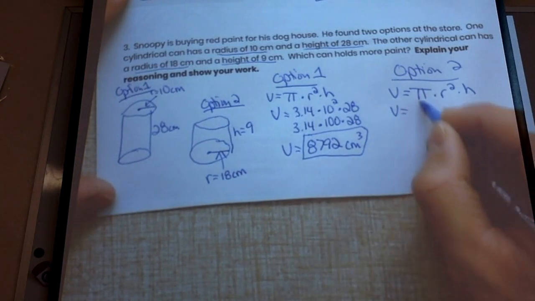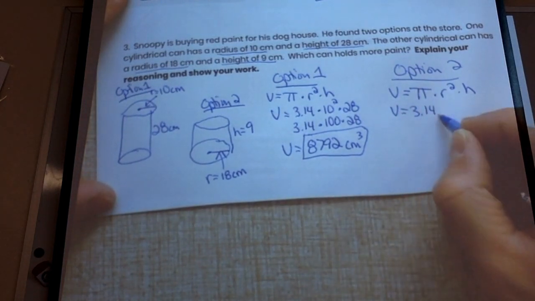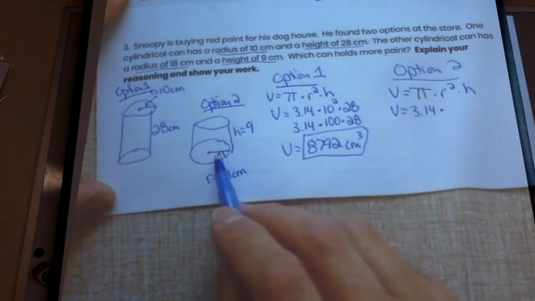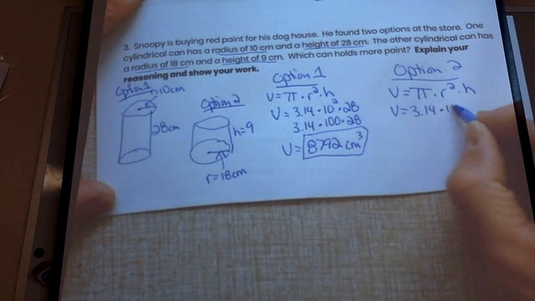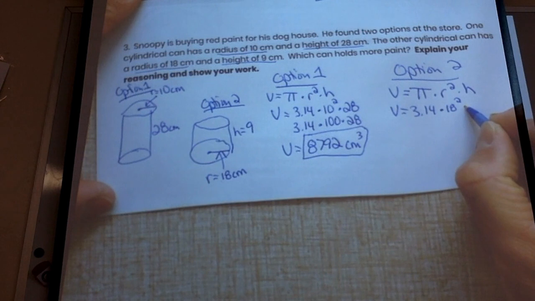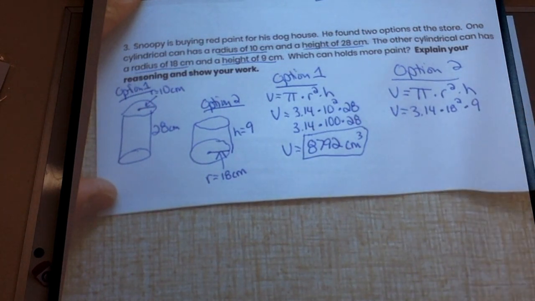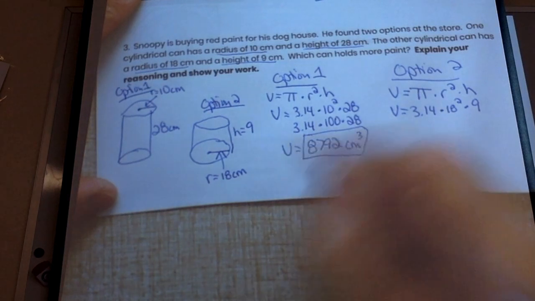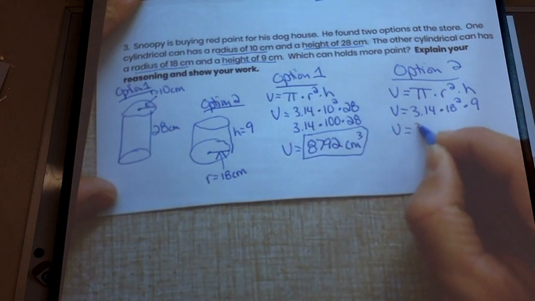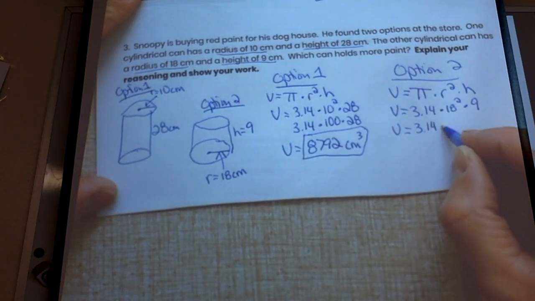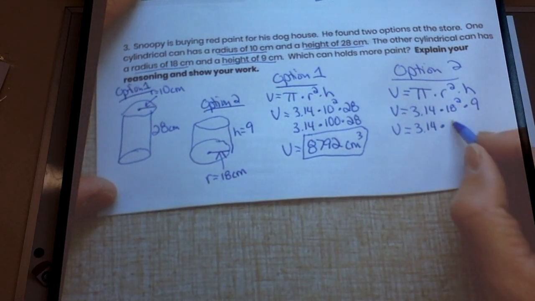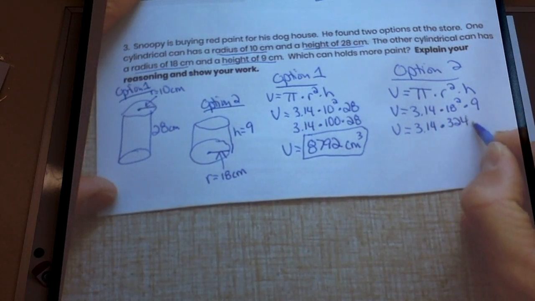So volume equals, I'm going to use 3.14 as my pi. Our option 2, our radius is 18. 18 squared times our height of 9. And what we're going to do, volume equals 3.14. There's nothing we can do with that. 18 squared, 18 times 18 is 324, times 9.